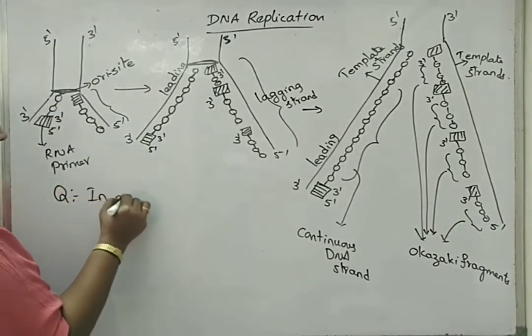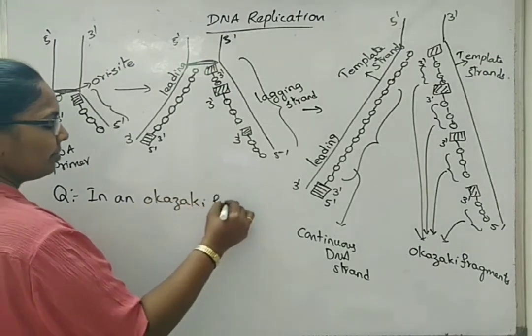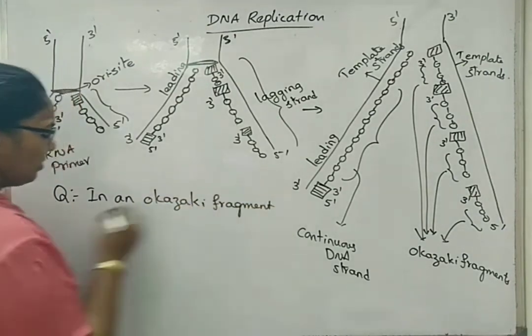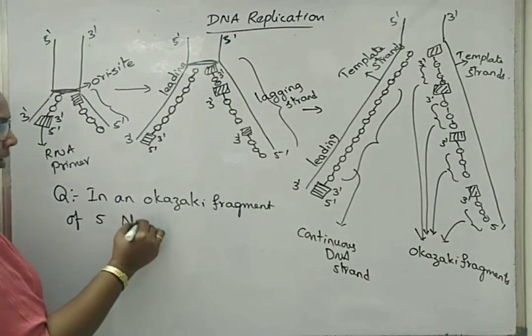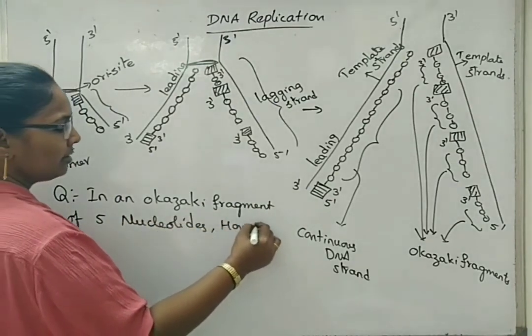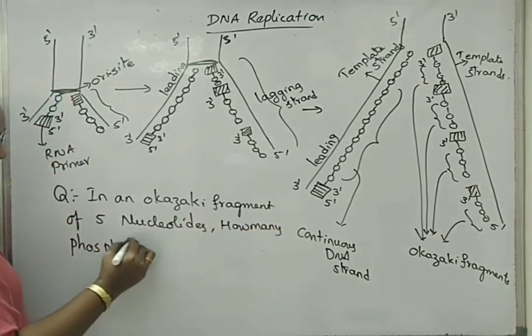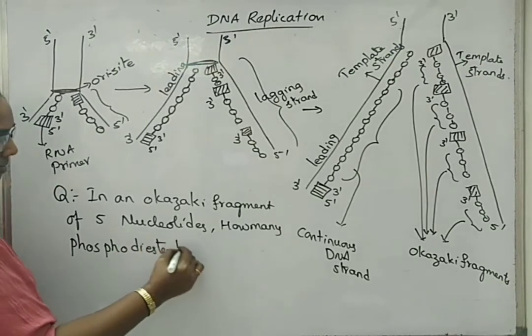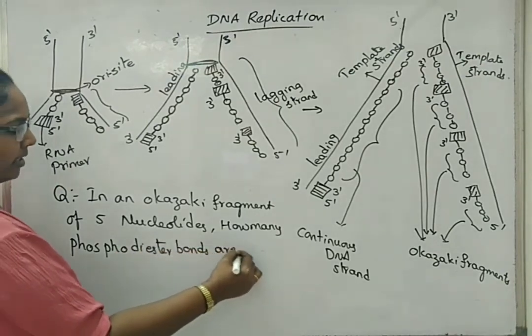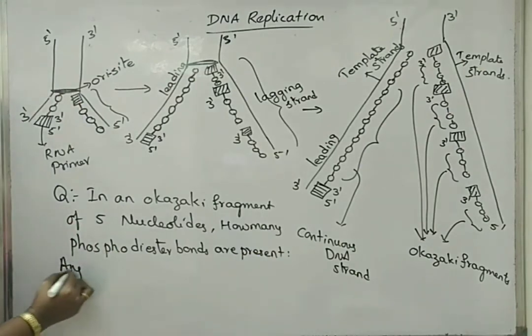In an Okazaki fragment of 5 nucleotides, how many phosphodiester bonds are present? If such a question was asked, then how to answer?